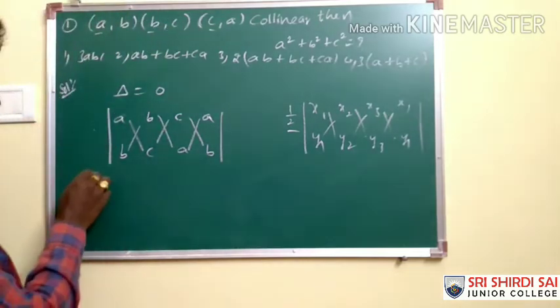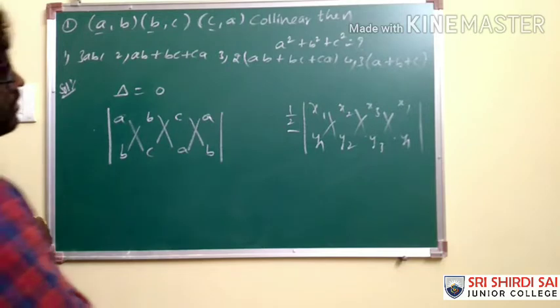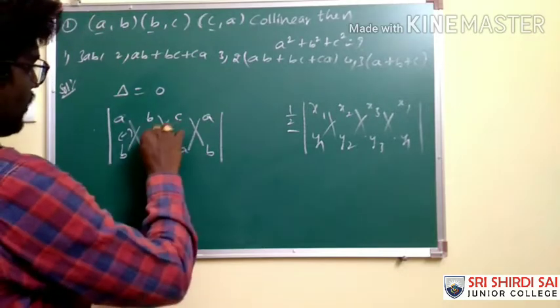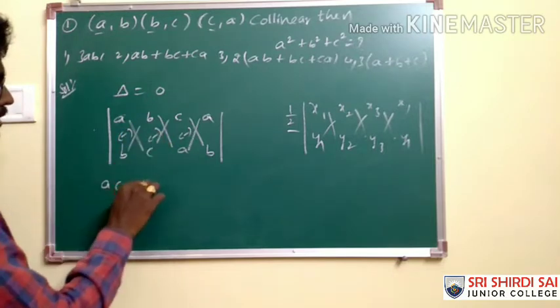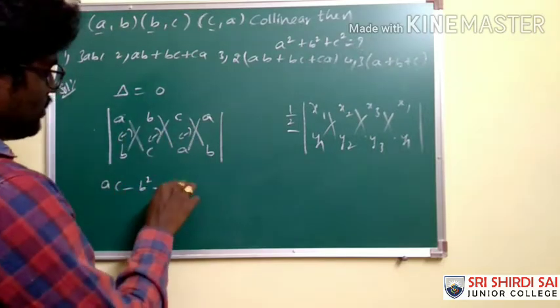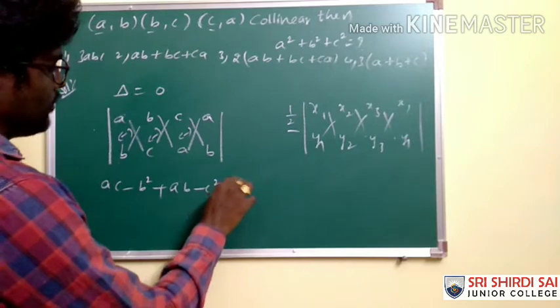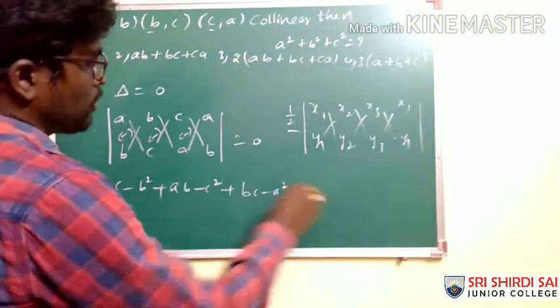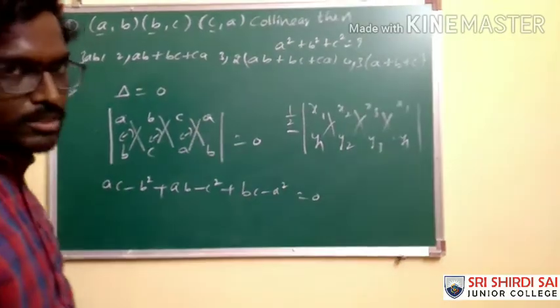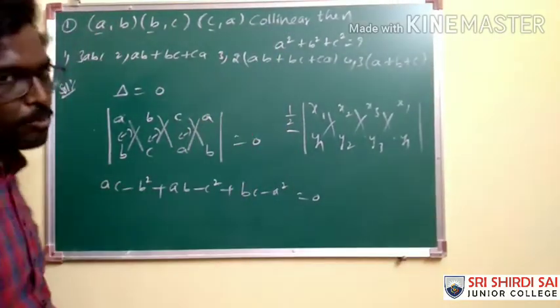If you go for cross product, what are you going to get? This direction I have already told you, minus sign. AC minus B square plus AB minus C square plus BC minus A square. This should be equal to 0, because delta area will be 0, since we are talking about collinear points.